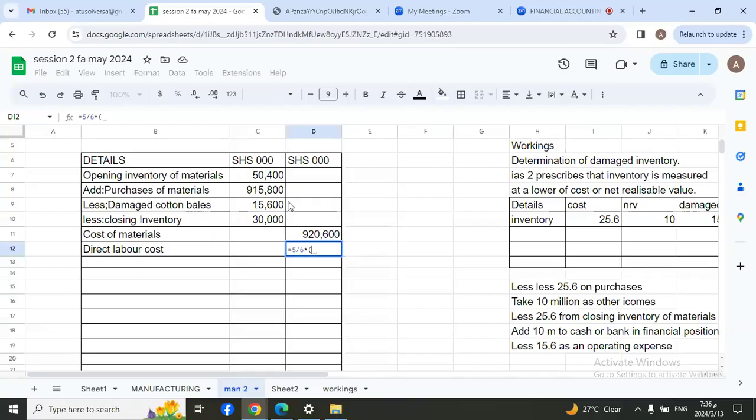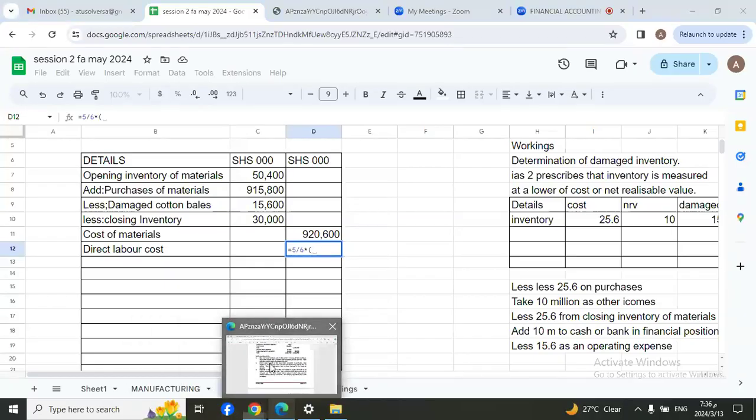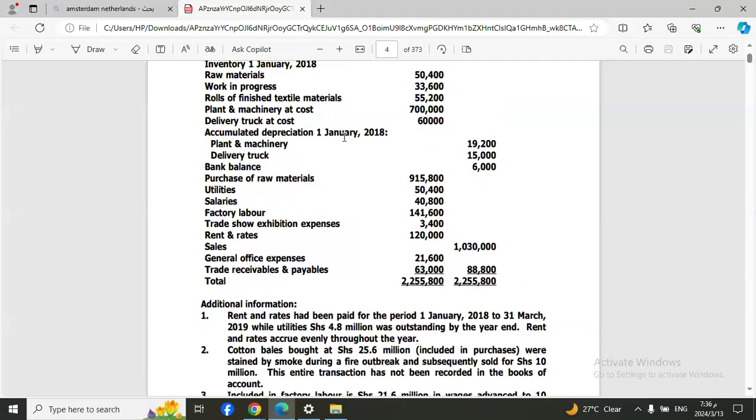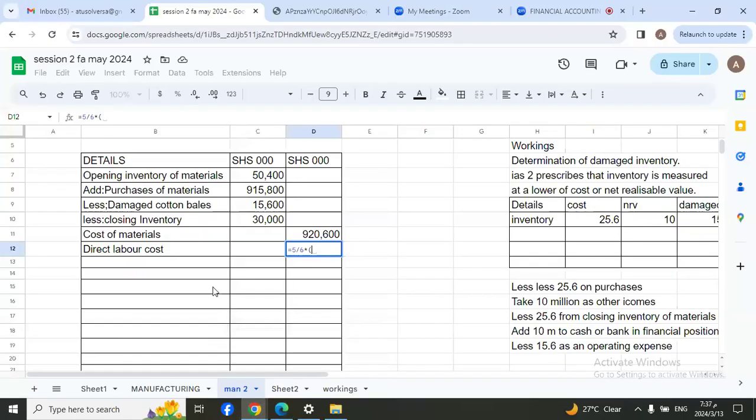So we are saying that we get 5 over 6 times, we open brackets, times the factory cost here, which is 141,600 minus 21,600.